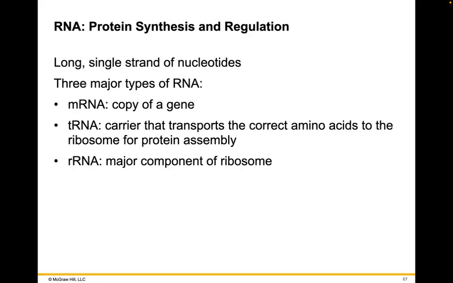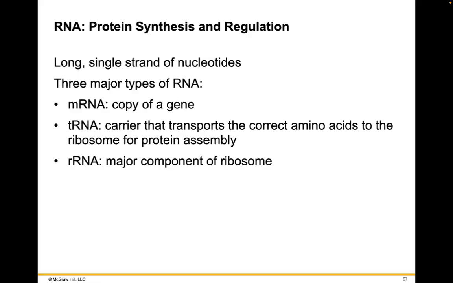One type of RNA is the copy of our recipe. There are 3 major types of RNA. There's mRNA, or messenger RNA. That is the copy of the recipe, or a copy of the gene. tRNA, or transfer RNA, is what carries the amino acids to the ribosome to make the protein.